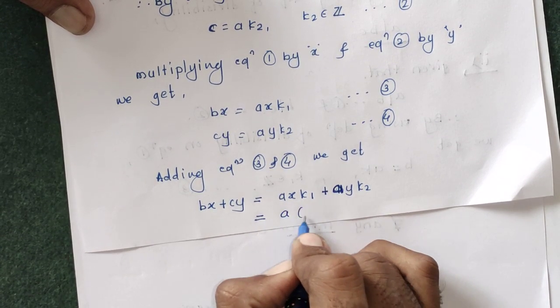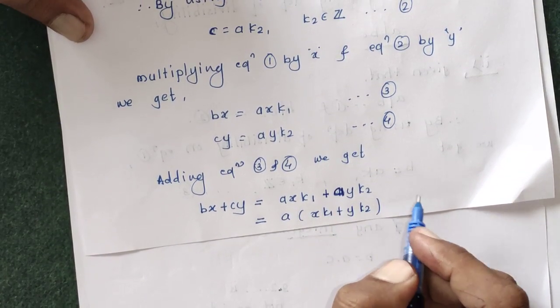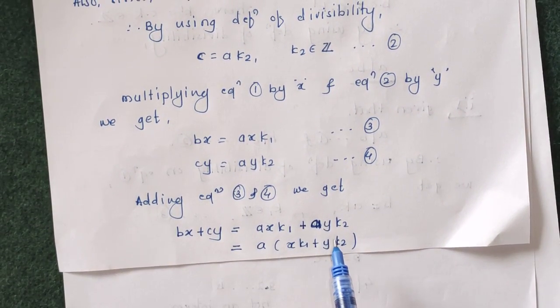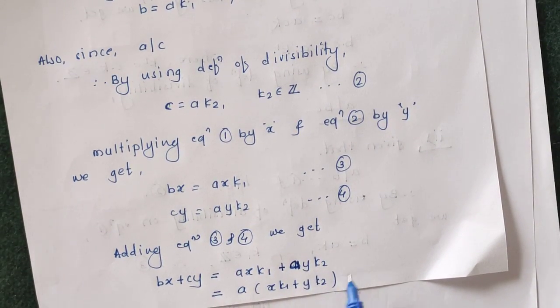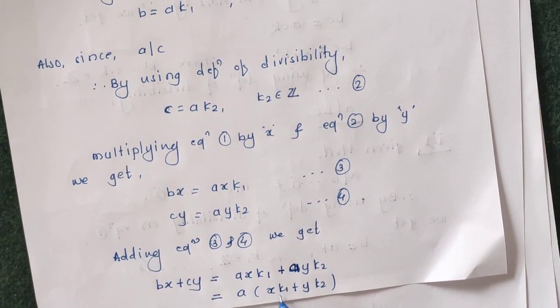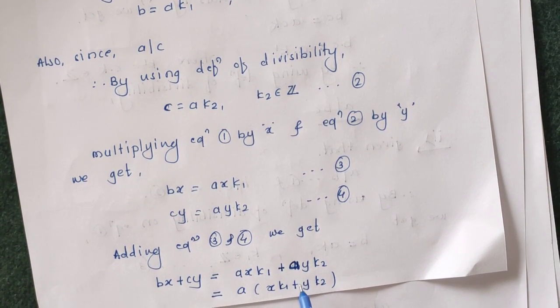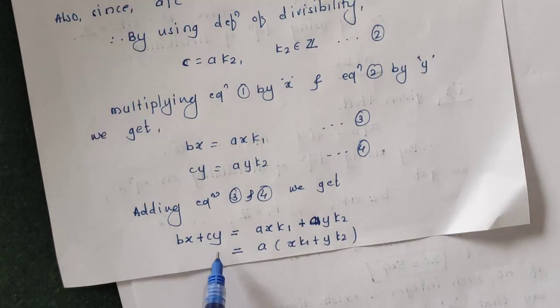Taking A common, we get A times (x K1 plus y K2). Here x, y, K1, K2 are all integers. So x into K1 is again an integer, y into K2 is again an integer, and the addition of two integers is again an integer. So we take this as A into some K prime.